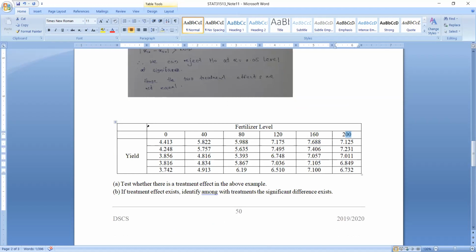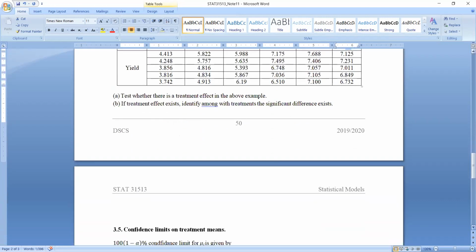Now in these six treatment levels, if you take the first treatment level, that is level 0, and keep that level as the control group, what you want to do is always compare the other treatments with this control group, right? So we want to compare the effect of the other fertilizers with this first treatment group. So this one we call the control group.